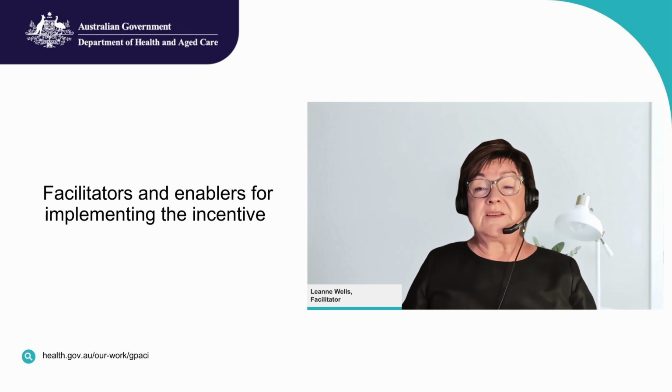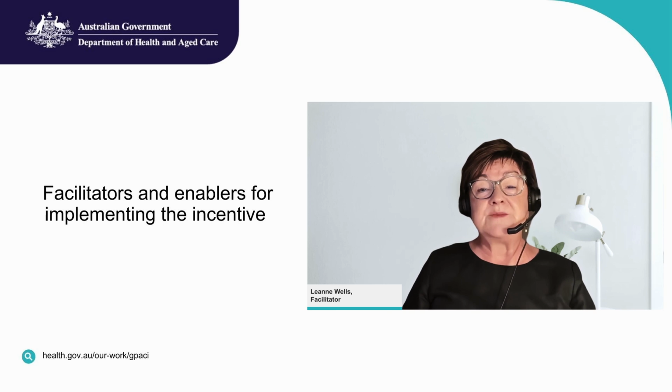Welcome to a fourth and final discussion where our expert panellists will consider implementation enablers and other supports available to GPs, general practices and residential aged care homes to support the implementation of the General Practice in Aged Care incentive. Introducing new incentives into busy service settings like general practices and residential aged care homes can be complex.